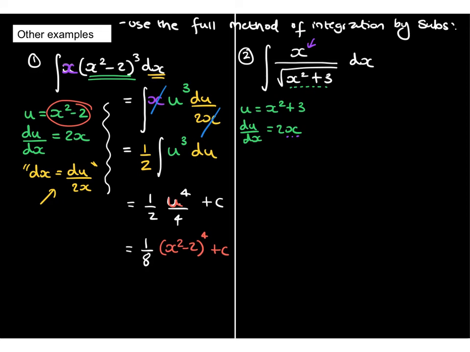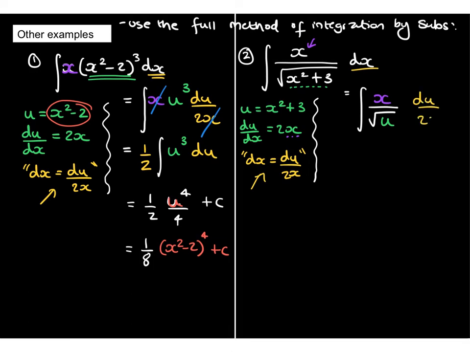Let's do our faux rearrangement. dx is du over 2x, and then let's start substituting in. So my integral is equal to the integral of x over the square root of u, and then in place of dx I want to use this, so du over 2x.